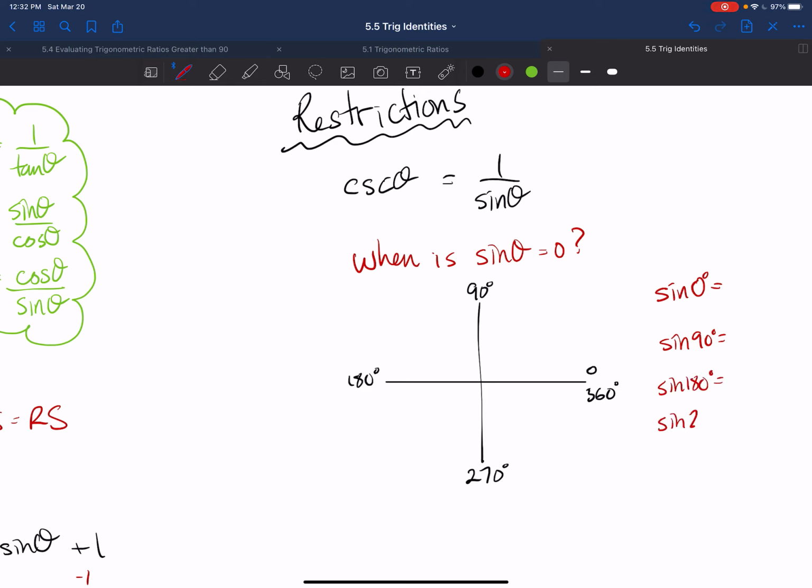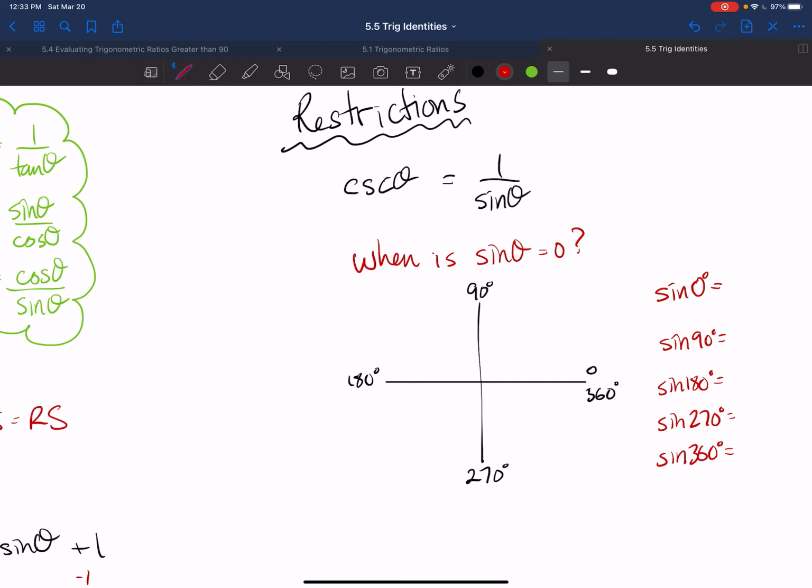And whenever that's equal to 0, that would be a restriction on our identity. So if it was cos, then you do cos. So it's only going to be these numbers, these values. Nothing in between is ever going to give you a restriction. Okay, so 0, 90, 180, 270, or 360.